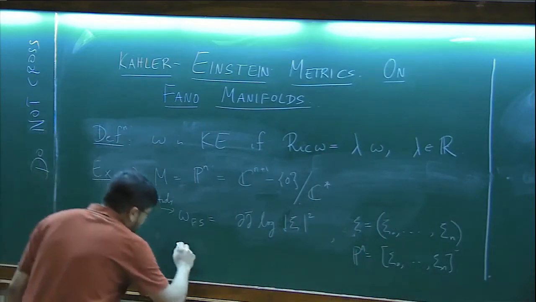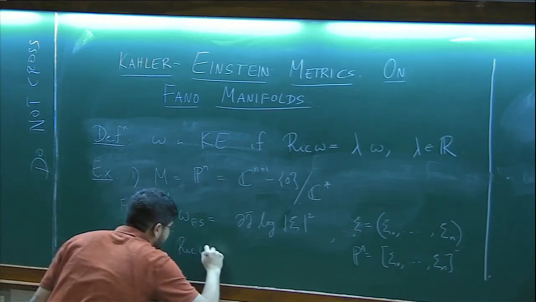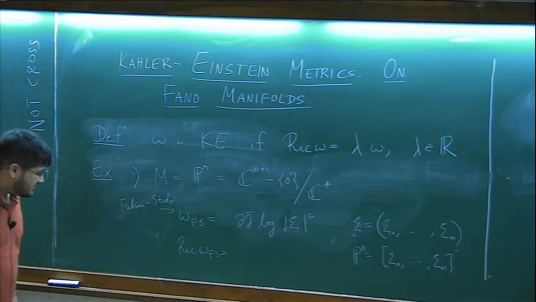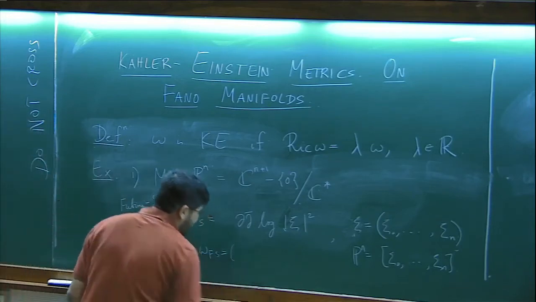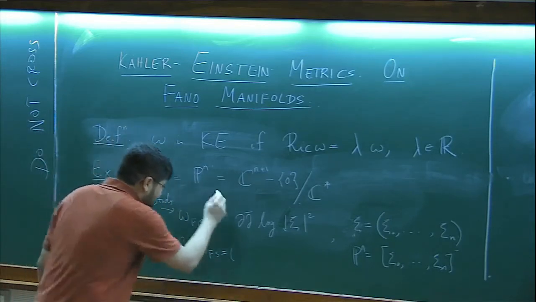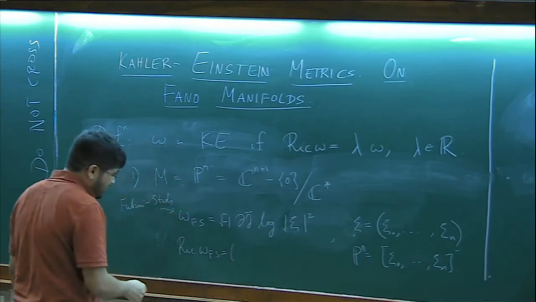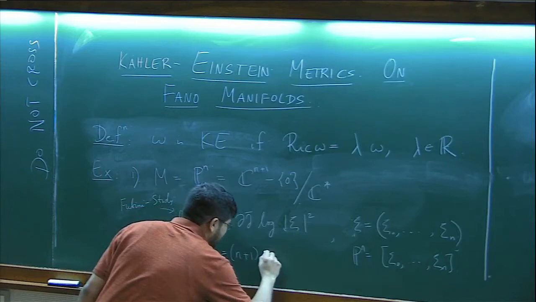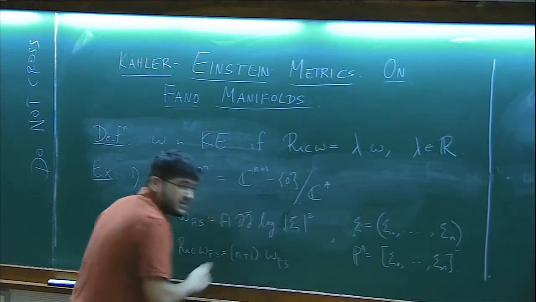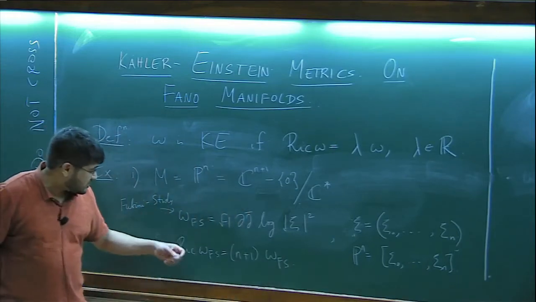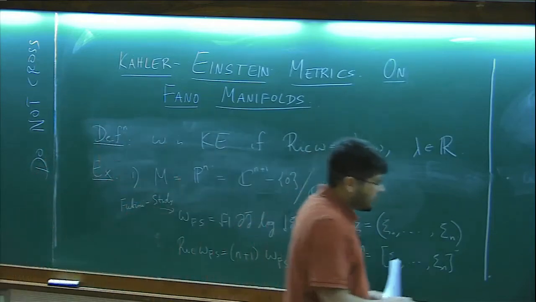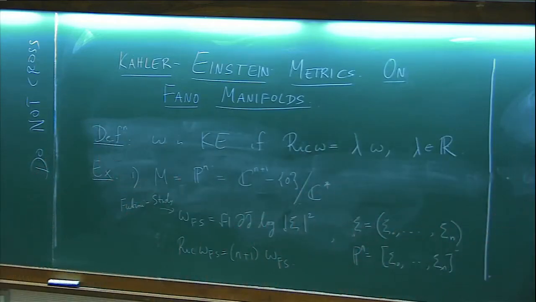So it turns out if you take the Ricci curvature of this, it's a nice elementary calculation in linear algebra that this will turn out to be some constant, I think it should be n plus 1 times omega FS. Okay, so in any case, it's some positive multiple of the Fubini-Study metric itself.